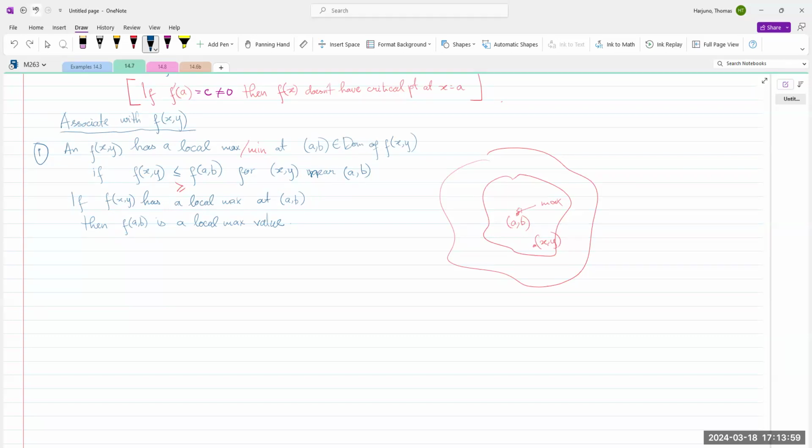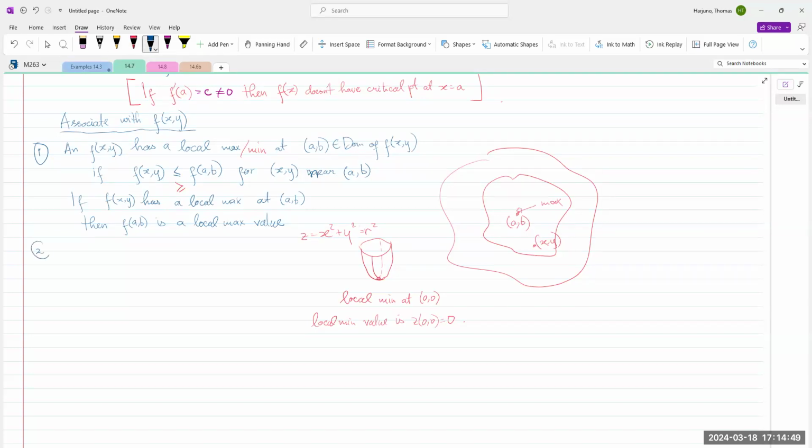Just to illustrate the terminologies, if we have x squared plus y squared, you know what it looks like, right? This is equal to r squared, so it's actually a paraboloid. The local minimum is at (0,0), but the local minimum value is f at (0,0), which is 0.